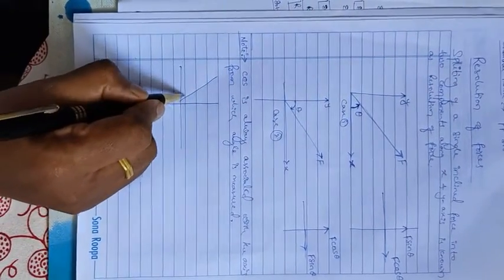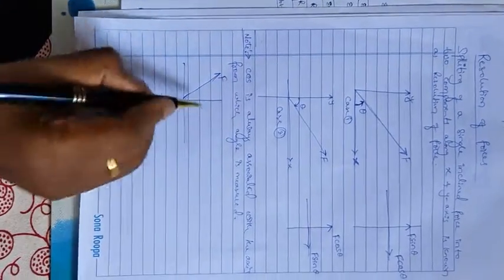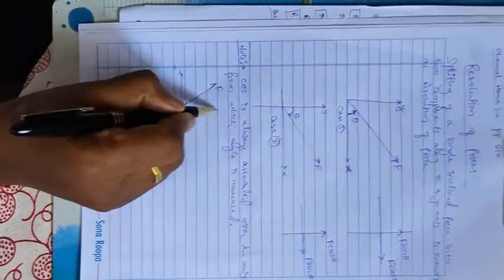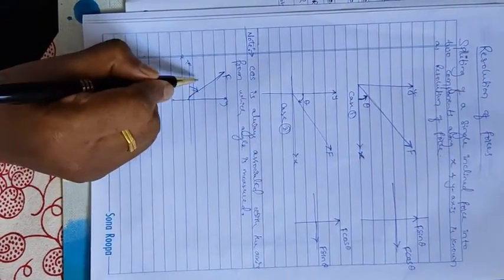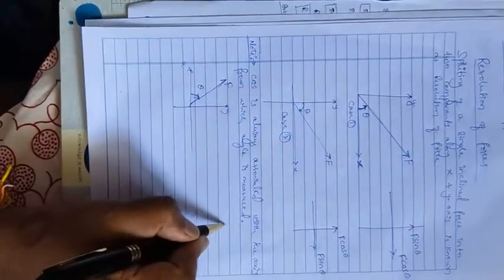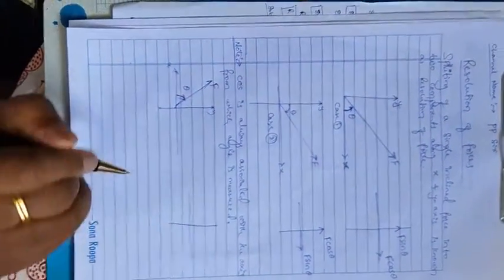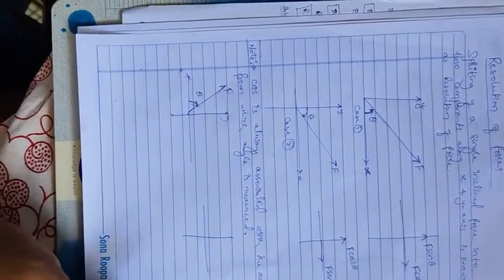Now I will take one more case. In this, the force is in second quadrant. As before, we take the magnitude of force as F, and this is our x and y axis. In this case, I will take the angle first with respect to x. We'll just focus on the direction of the forces, then we'll decide the sign convention.